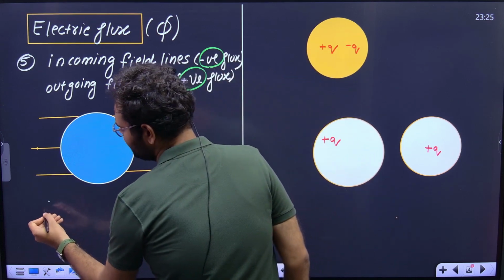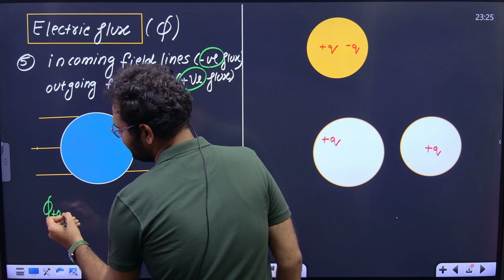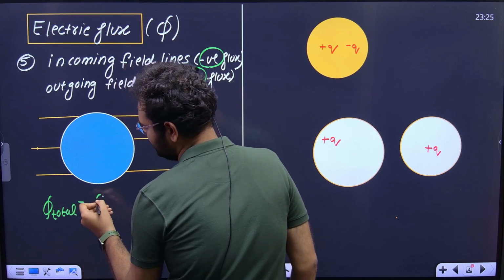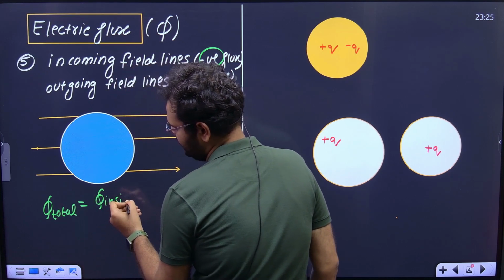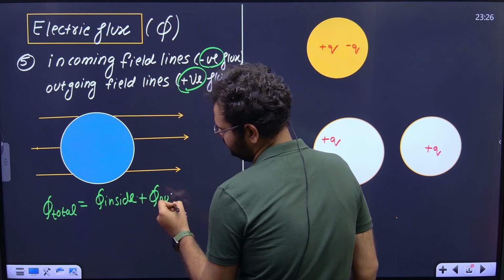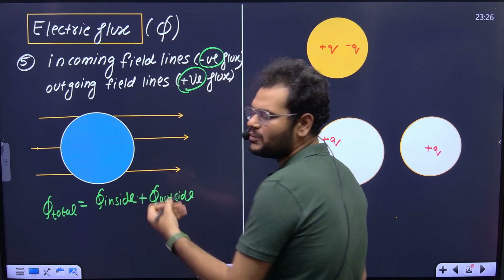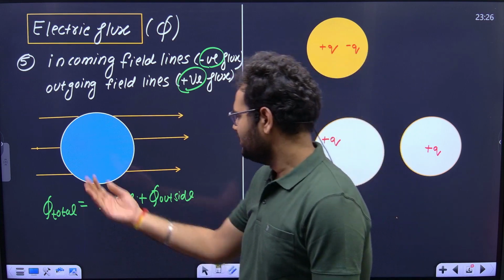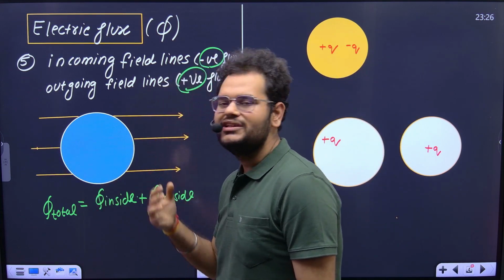What is the total flux, sir? Can I write total flux as inside plus outside? Perfectly, I can write it. No problem at all.